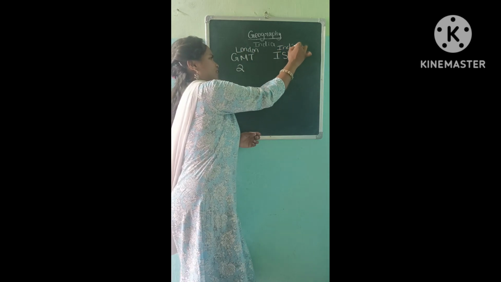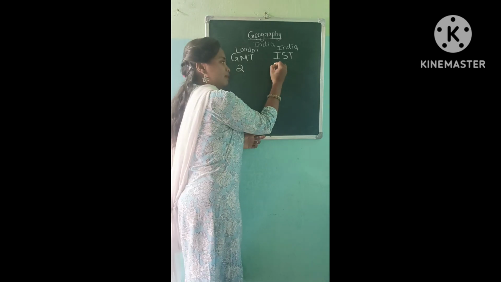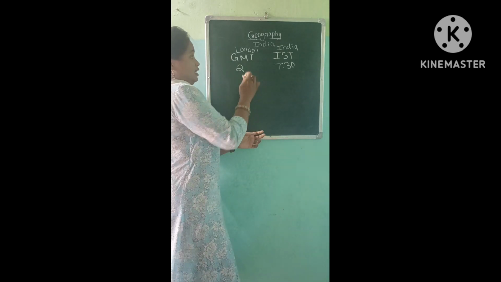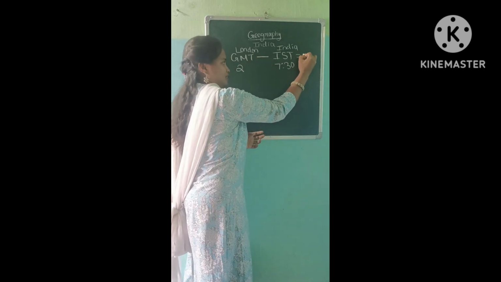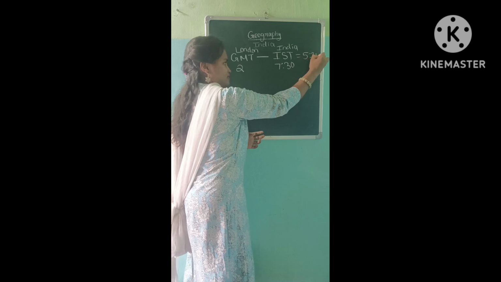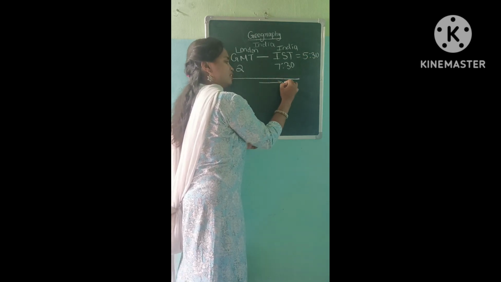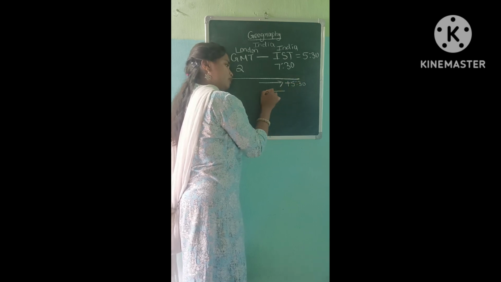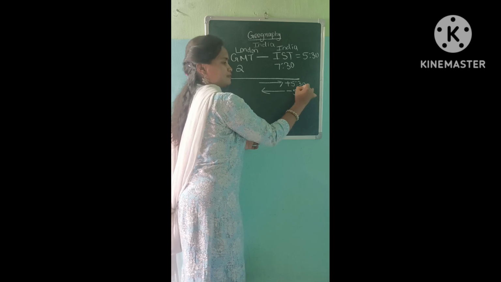If it is 2 o'clock in London, it will be 7:30 in India, because the difference between IST and GMT is 5.5 hours. That means if we move rightwards, we need to add 5.5 hours. If we move leftwards, we need to deduct 5.5 hours.